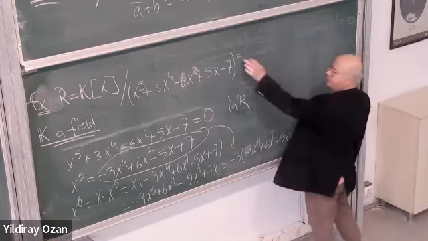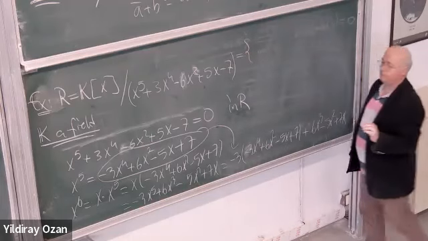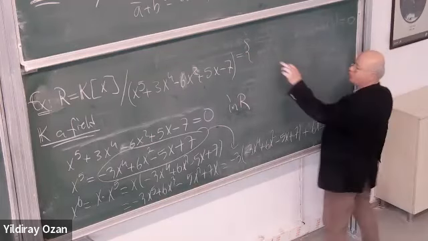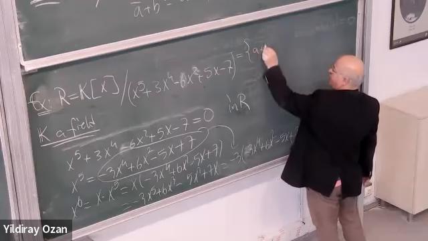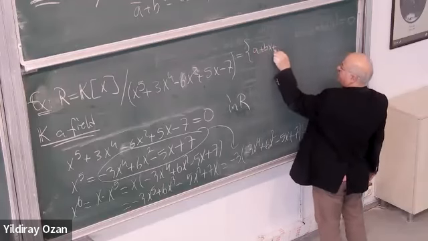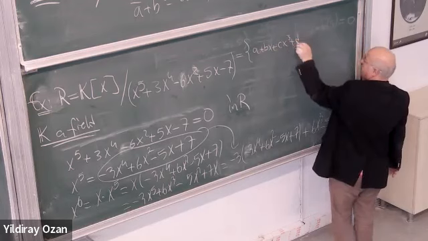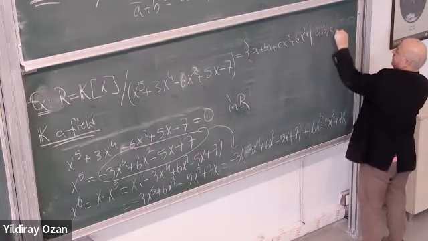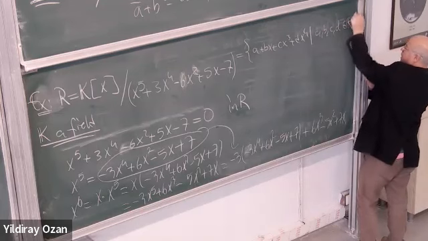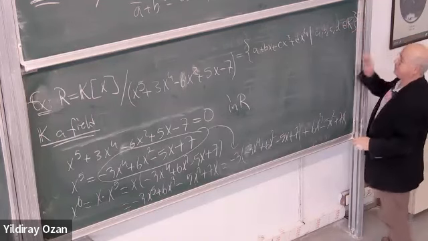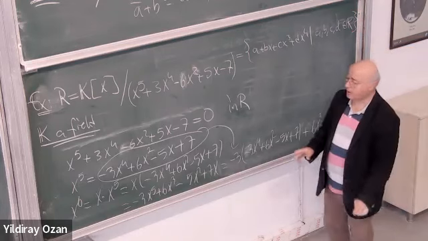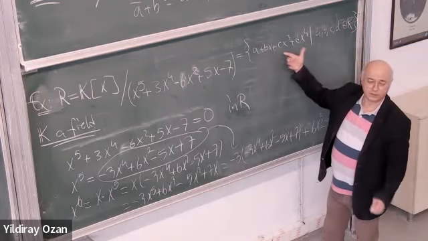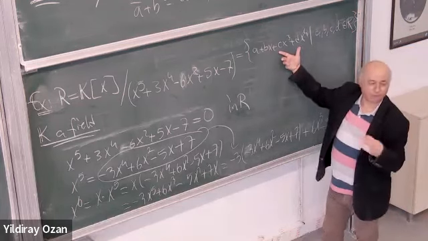Therefore, this gadget will consist of polynomials of this type: a plus bx plus cx squared plus dx cubed plus ex to the power 4. And we have the following relation. So we will consider these as if they are polynomials.